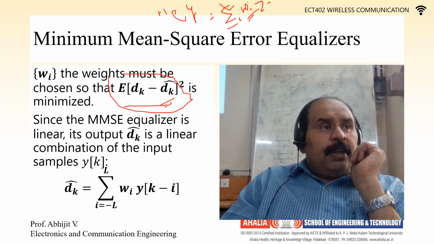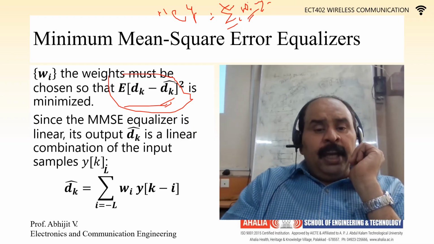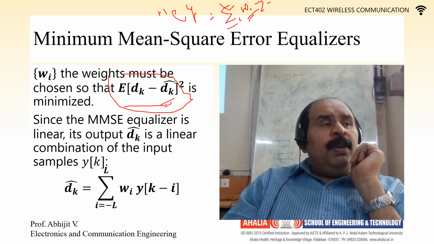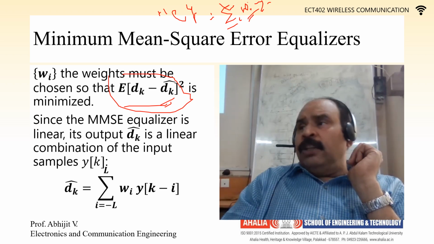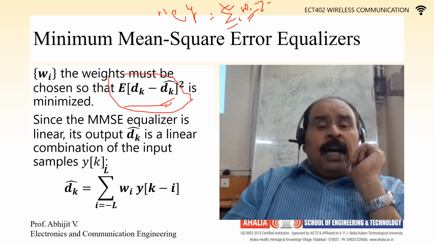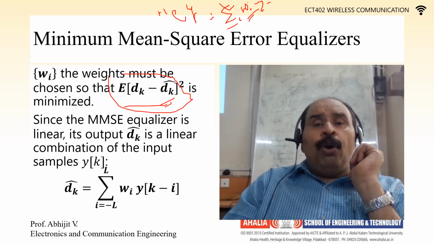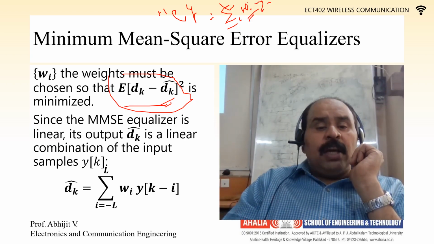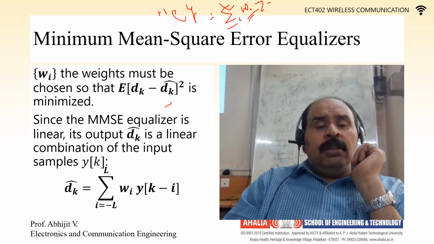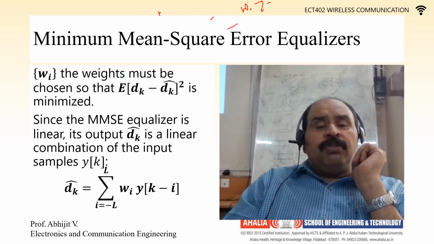This is the error function, dk is the input, and the estimate is the output of the equalizer. We want this dk minus dk tilde to be as low as possible. That is our objective in minimum mean square error equalizers.